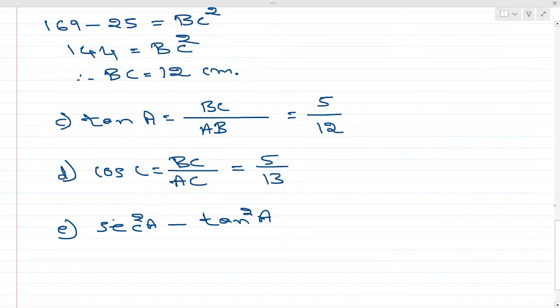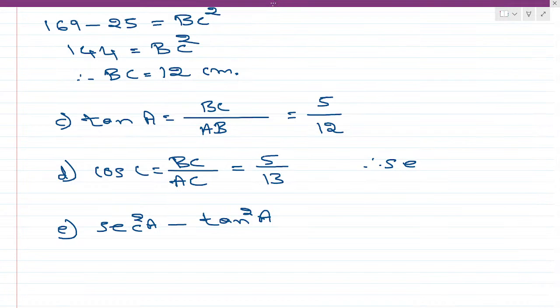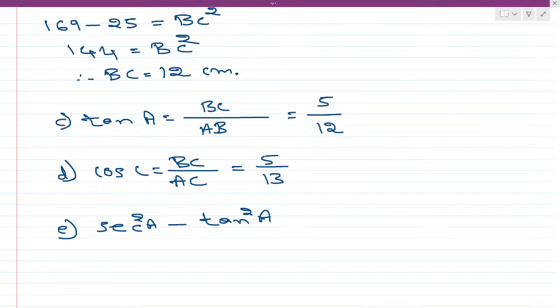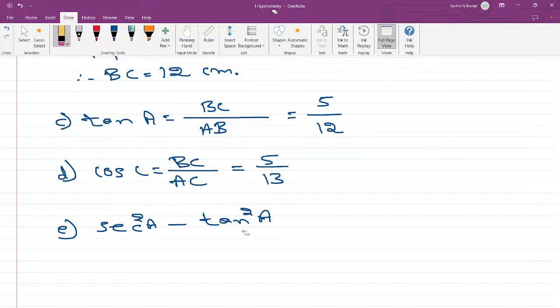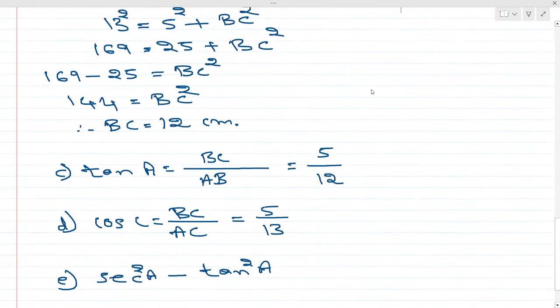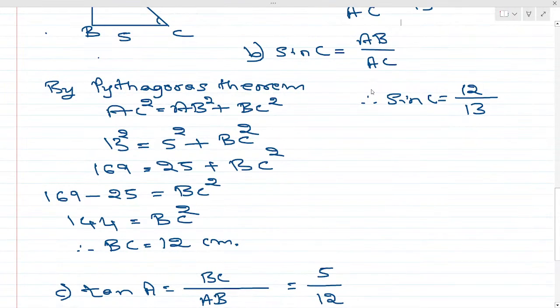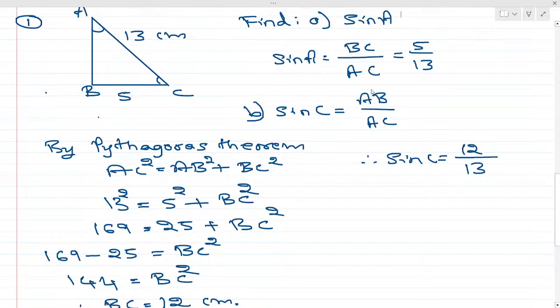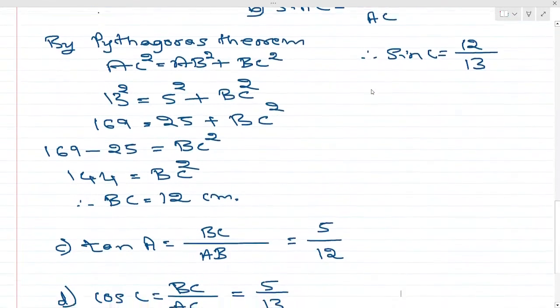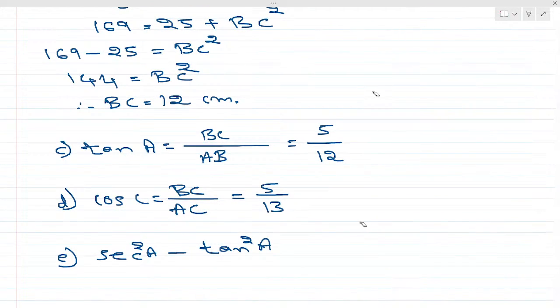With reference to the above answers, I had cos C, which is 5 by 13.